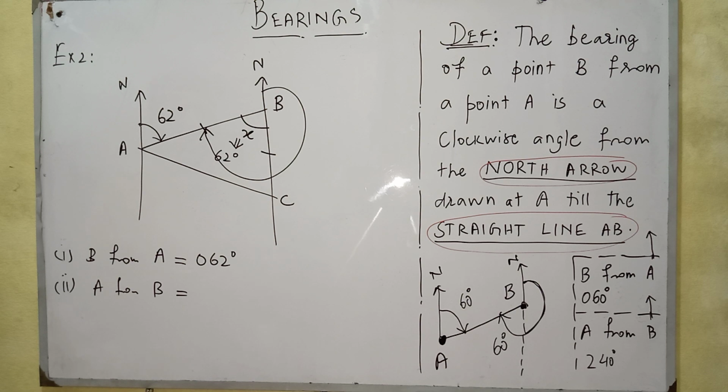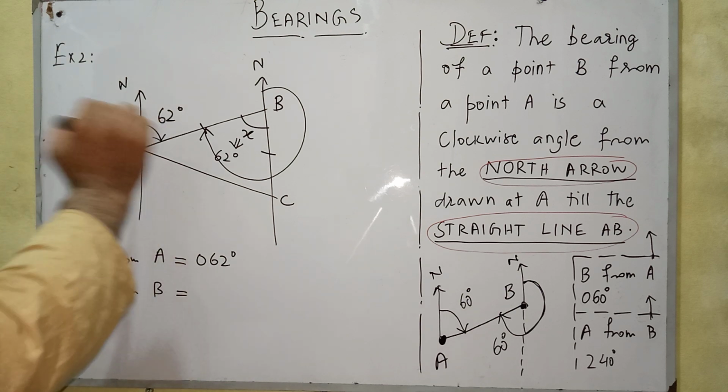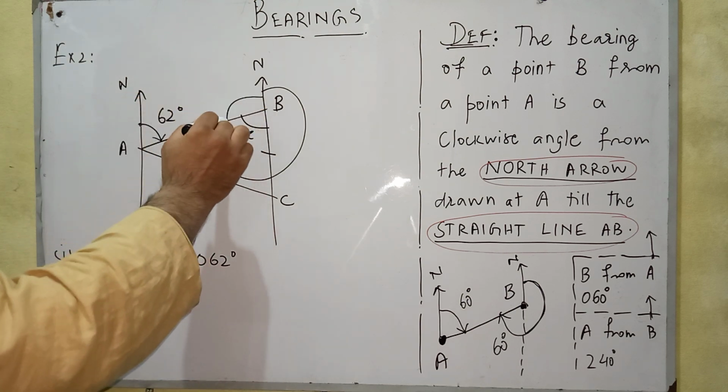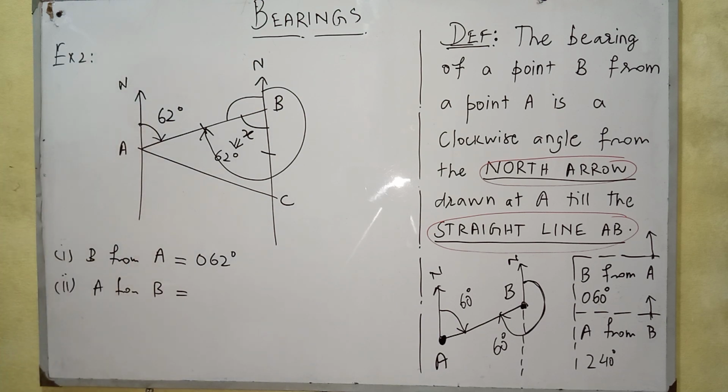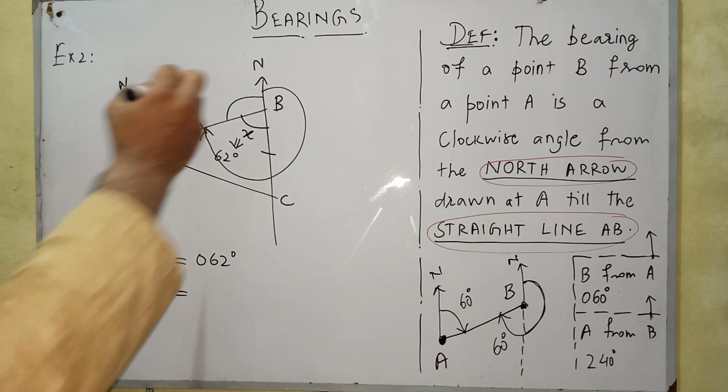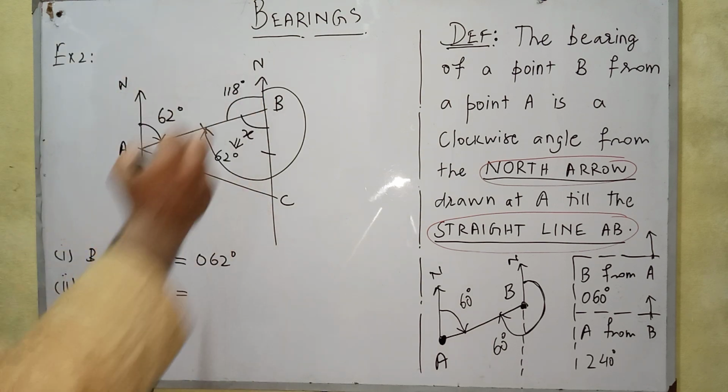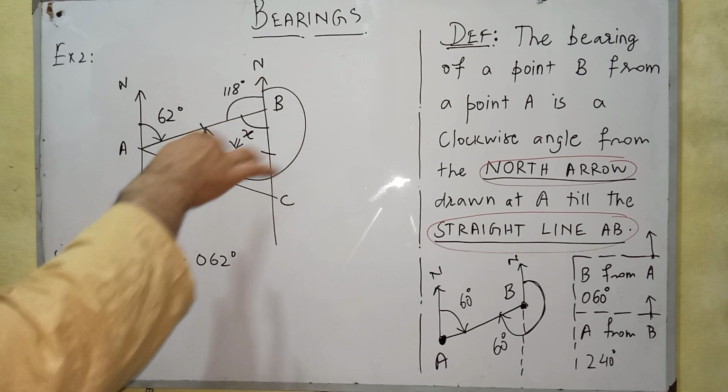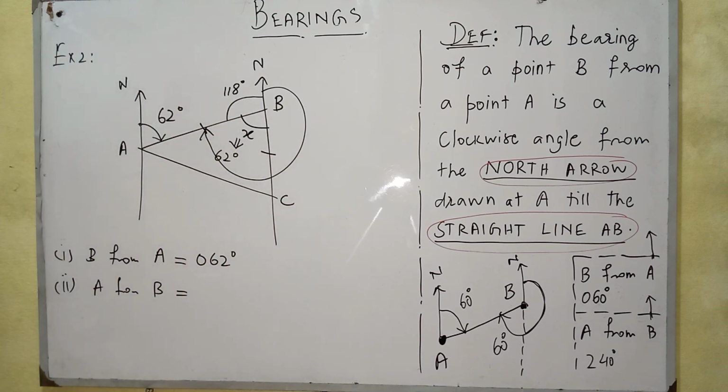Because this angle is 62 degrees, we can calculate this angle by subtracting it from 180 degrees, and if we subtract, we will get 118. We can calculate this bearing by subtracting 118 degrees from 360, and we will get 242 degrees. So this will be equal to 242 degrees.